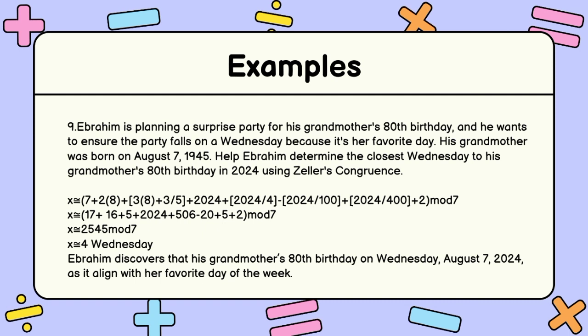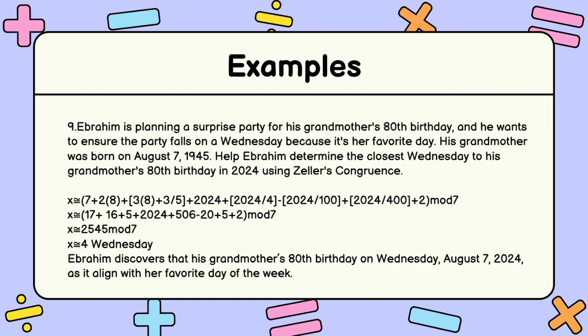So, analyze the problem. Identify the day, the month, and the year. The day is 7, and the month is August, and the year is 1945. So, the day is equal to 7, and the month is 8.